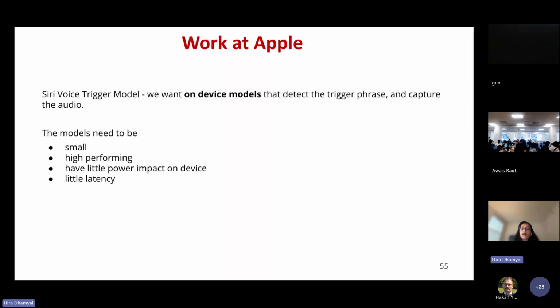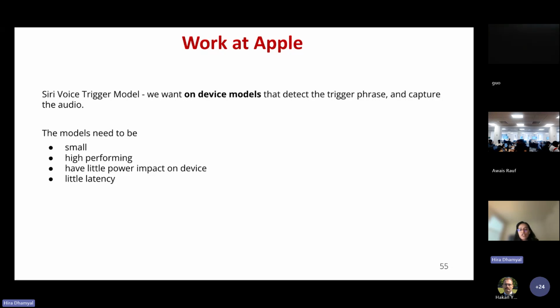Unfortunately, I cannot go into much more detail about the architecture or the different settings for the models. But you can imagine that we are using deep neural models. What I can say, and this is open source knowledge so I'm not exposing anything, is that there is one model that detects the trigger phrase all the time whenever it is listening, and it lights up when you say, "Hey Siri."